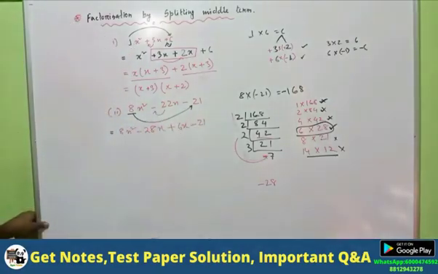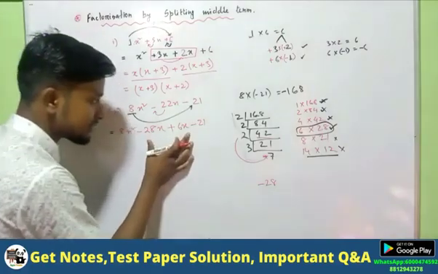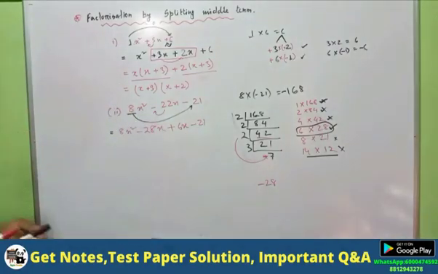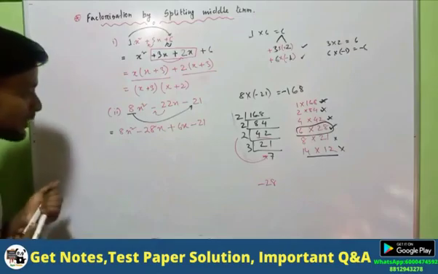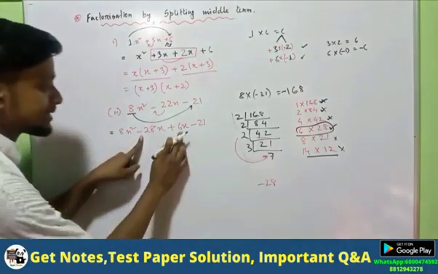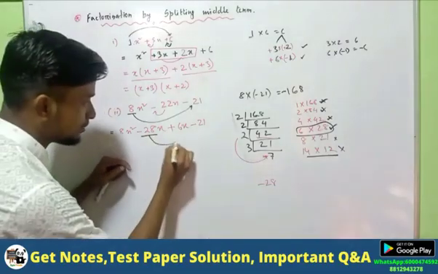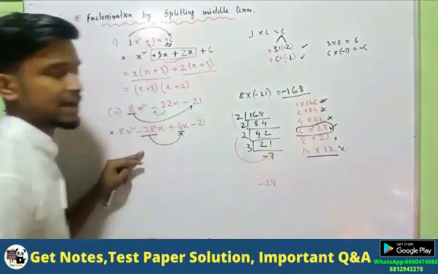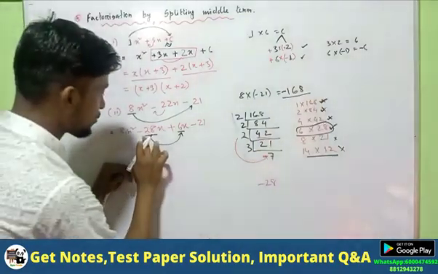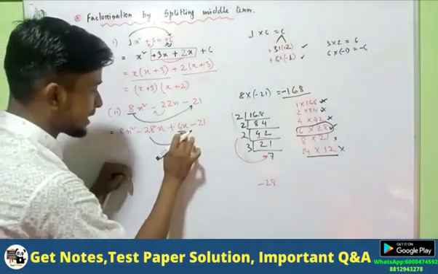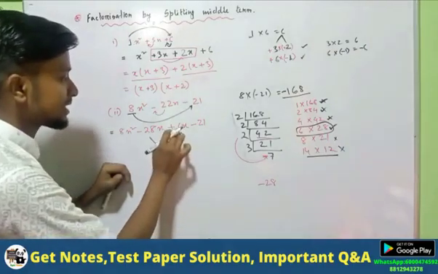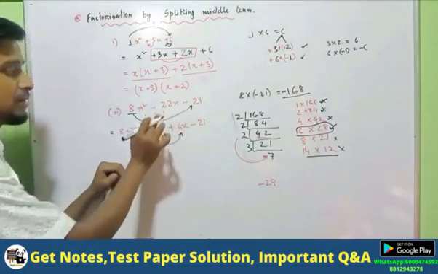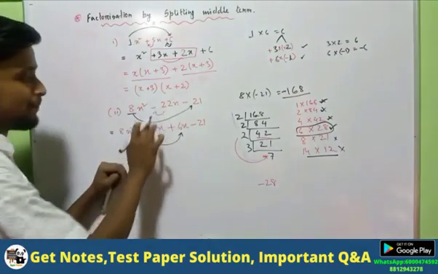Now it's time to verify whether the step is correct or not. Minus 28 and 6, multiply both, then we will get minus 168. Minus 28 plus 6, and the middle term is minus 22.